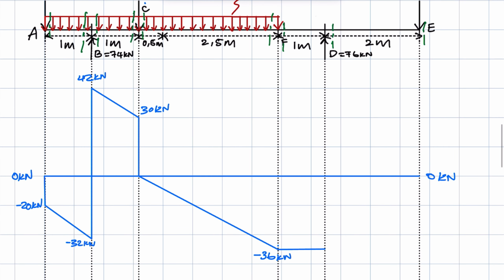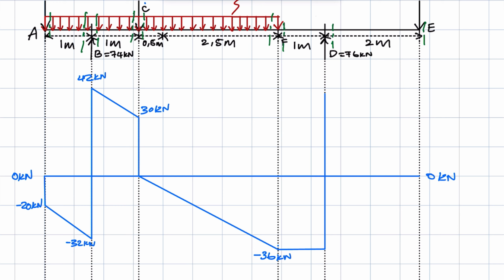So the only force to add is the reaction at point D, which is positive 76. So if you say the negative 36 and we add the 76, we get 40. So 40 means the shear force moves from this point to somewhere, say there.